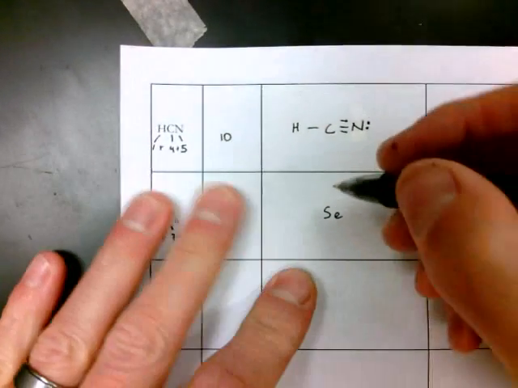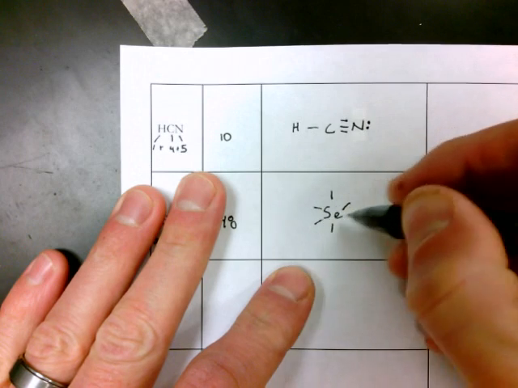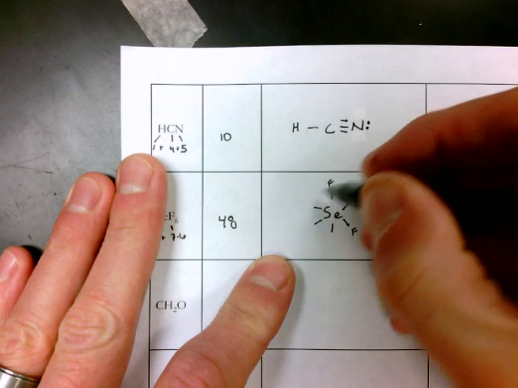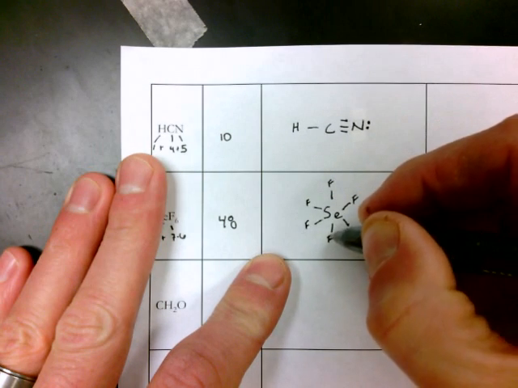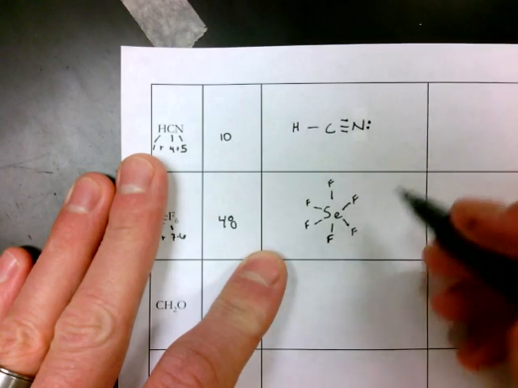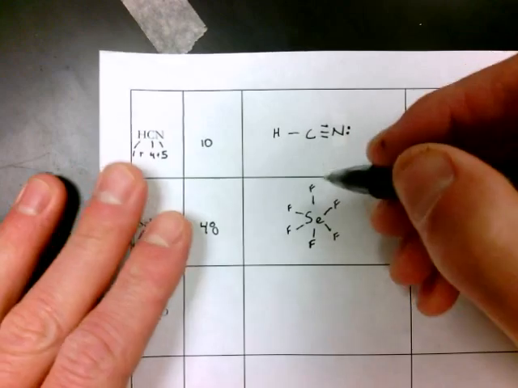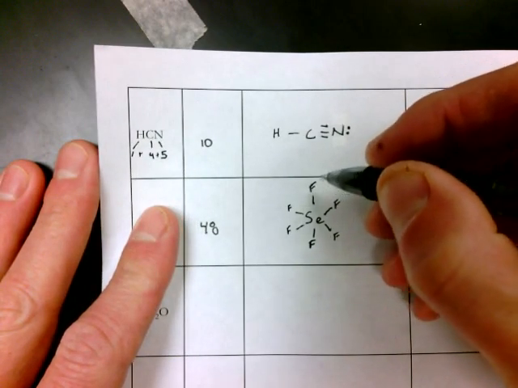Our rules say that after row 4 you can break the octet rule. So selenium is going to connect the 6 remaining fluorines with single bonds, and selenium is actually going to have 12 total electrons, but that's okay. You can use d sublevel electron orbitals to do that.